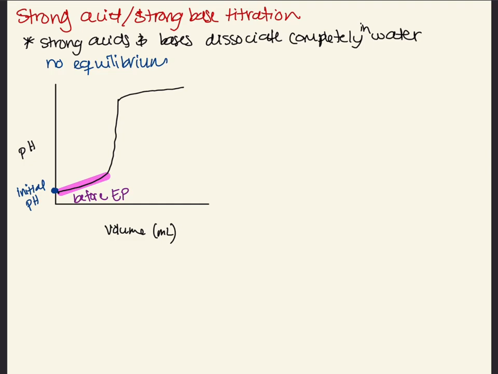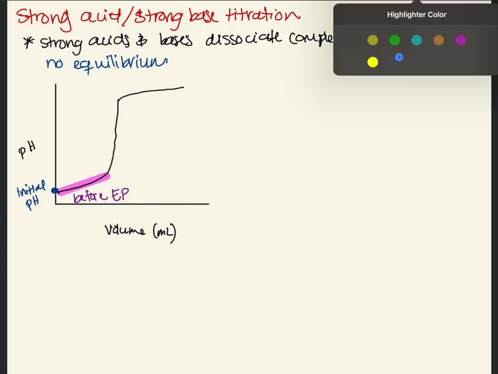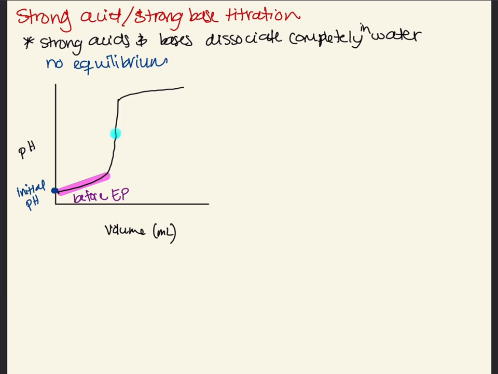Now, as you keep going up at the steepest point, the highest point of the curve, usually right here in the middle of this straight line, you want to find the steepest slope. This is going to be your equivalence point.